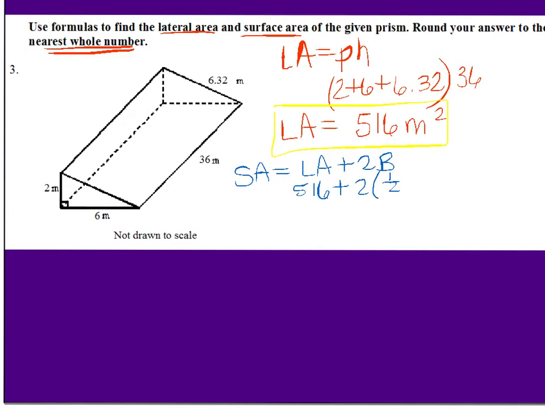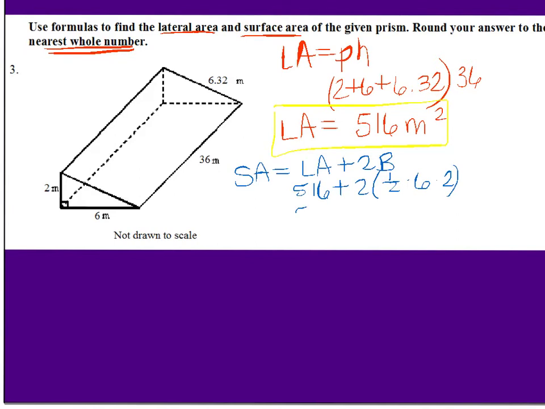Now this base deals with the base of your base. So 6 would be our base and 2 would be our height. Again, our base and our height of our base itself. And we know that these are the units to use because they come together to create that 90-degree angle. So 1/2 times 6 for the base times 2 for the height.